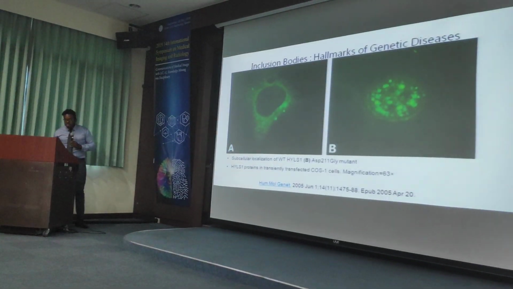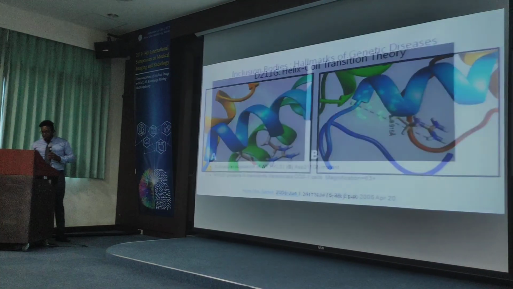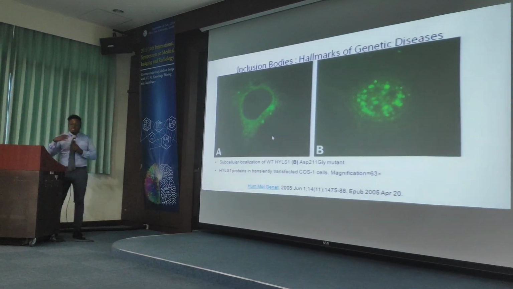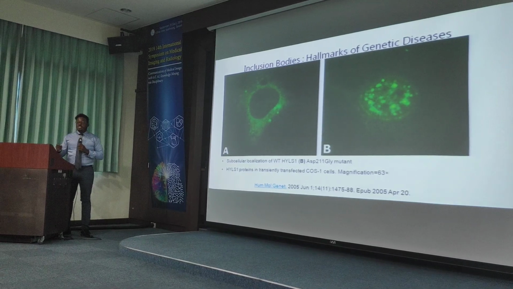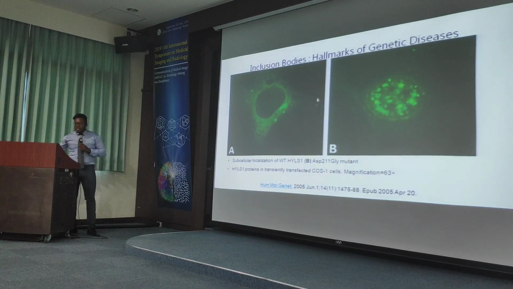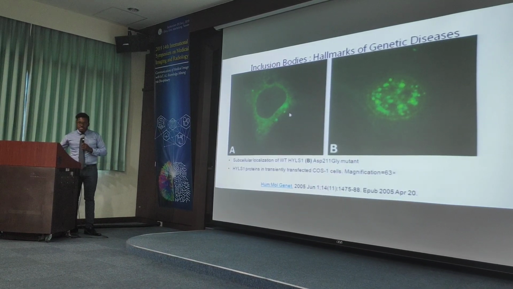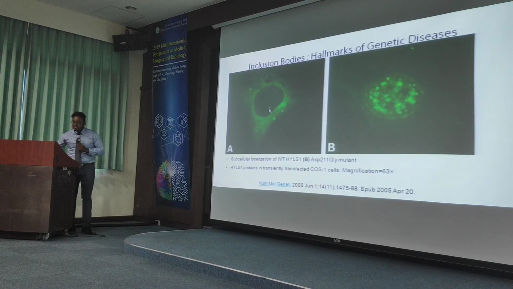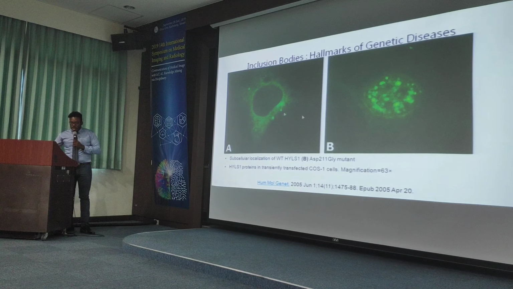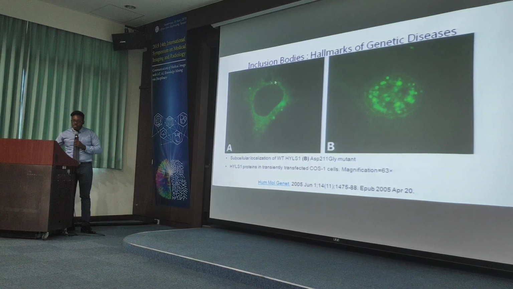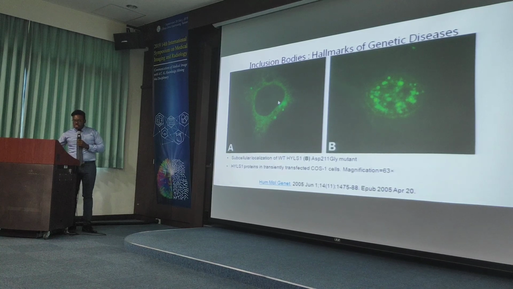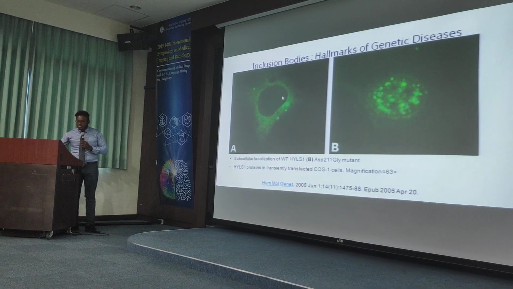There's a study published in 2005 that studied the Hydrolethalus syndrome mutation in mouse models. They started with cells and then went on to mouse studies, and what they noticed was that in the normal expression of the protein, the Hydrolethalus syndrome protein doesn't exist in the nucleus.